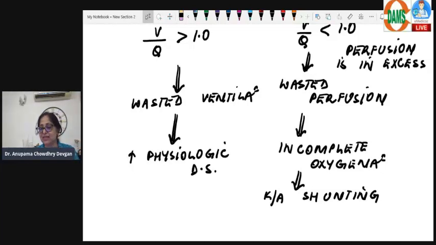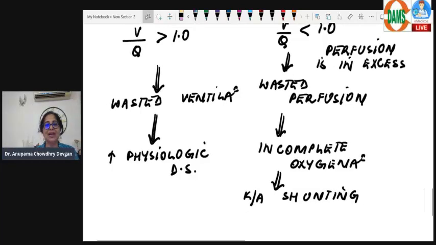So please remember, wherever the VQ ratio is less than 1, this is incomplete oxygenation, and whenever the VQ ratio is more than 1, that means increase in the physiologic dead space.